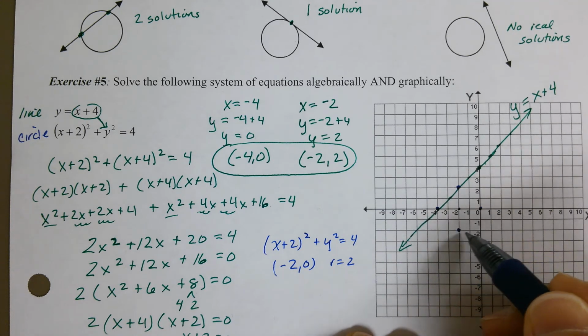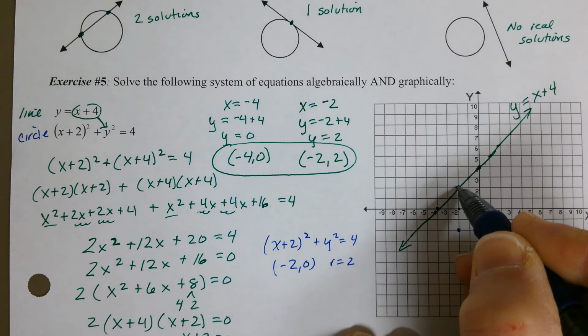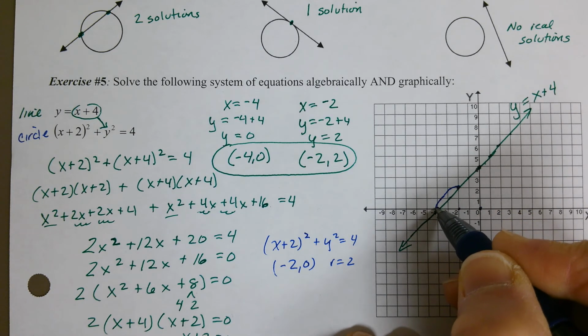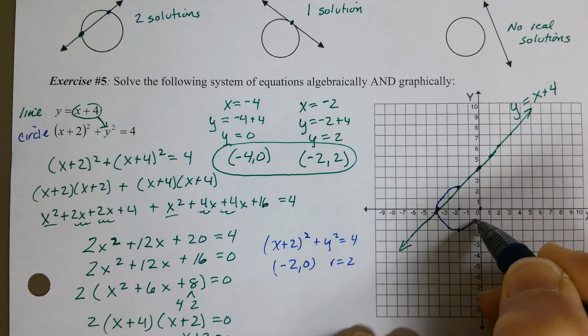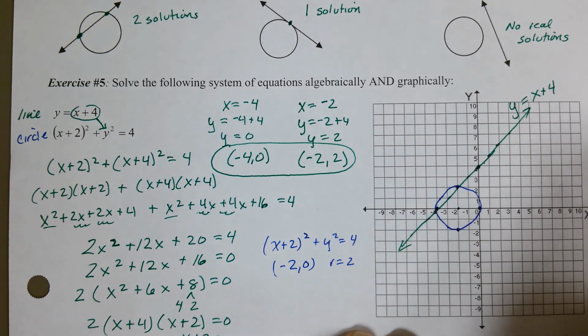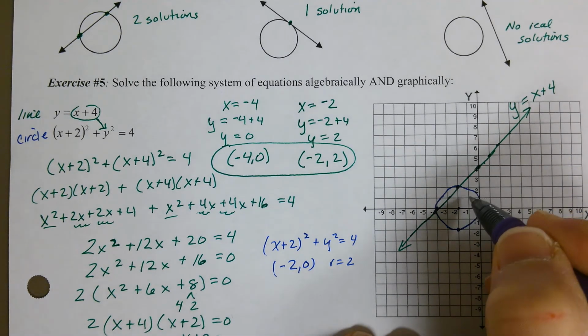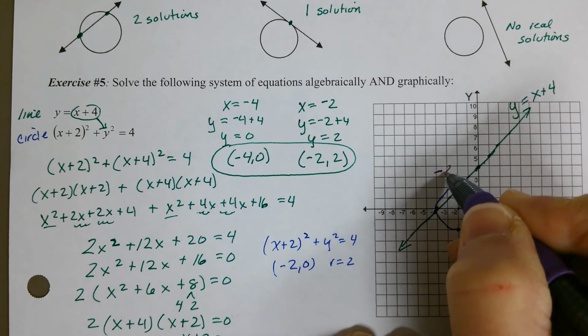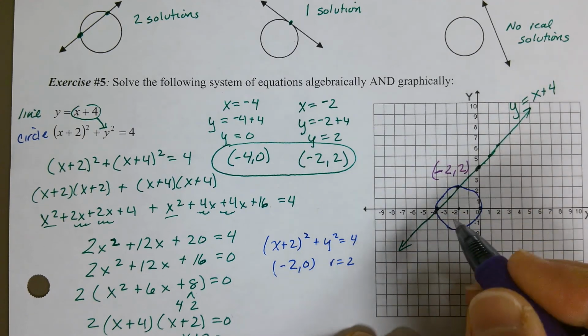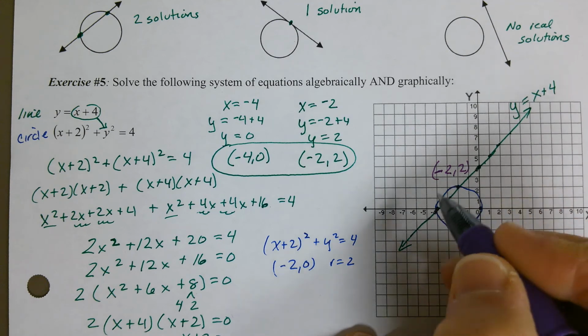Mark the 4 points to guide you in drawing your circle. And there we have our 2 points of intersection, (−2, 2) and (−4, 0).